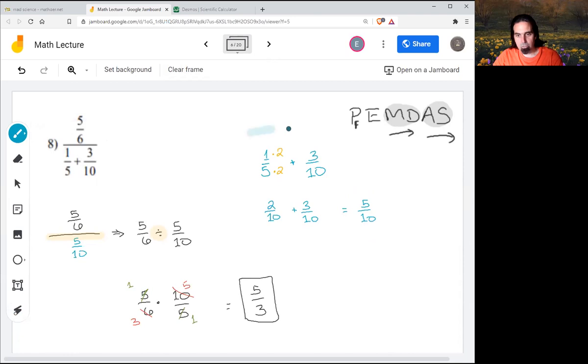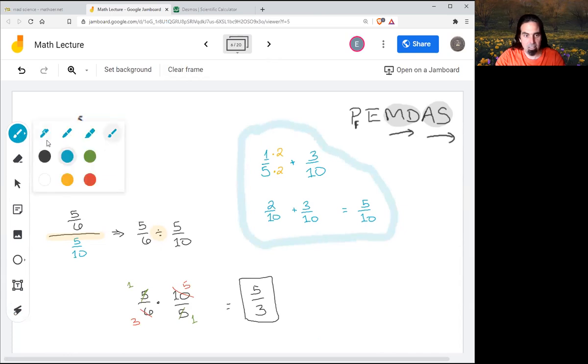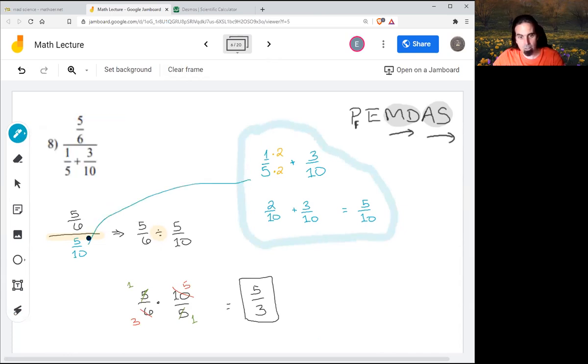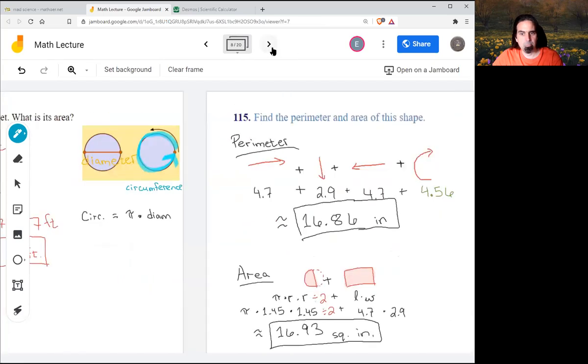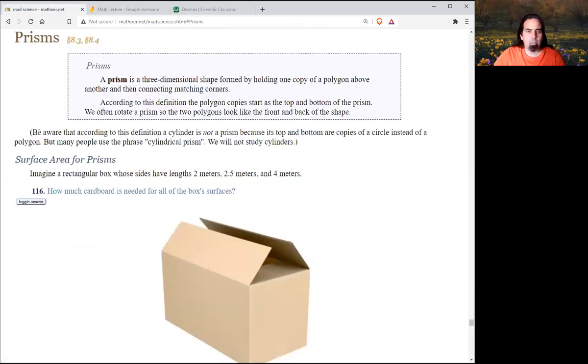I'm going to put my stuff here in a cloud. Say that goes there. Okay. So we're now talking about prisms. Yay.